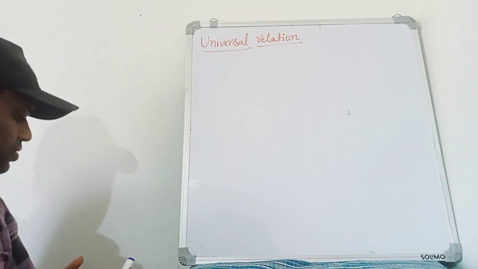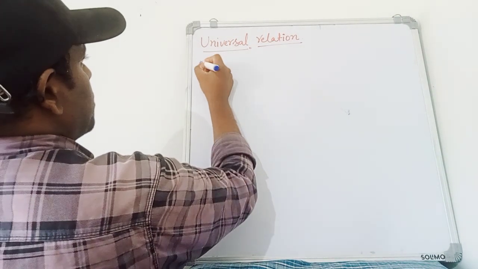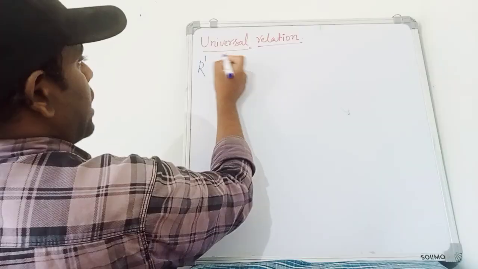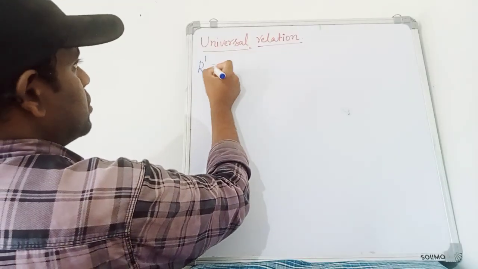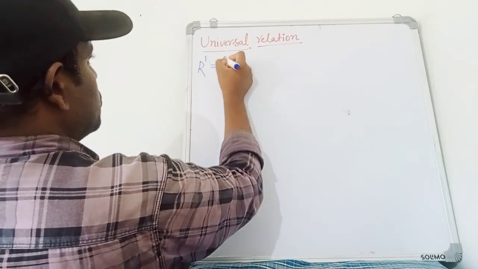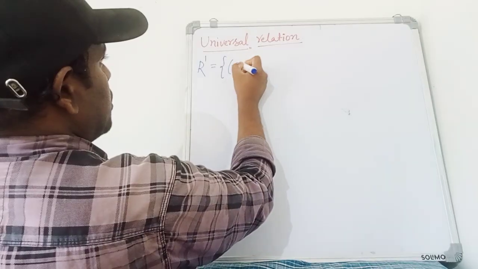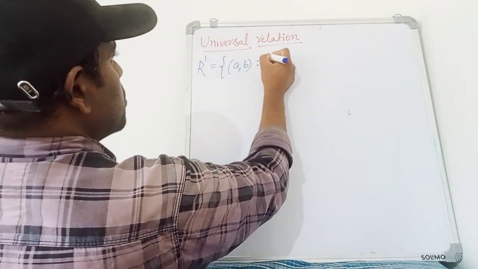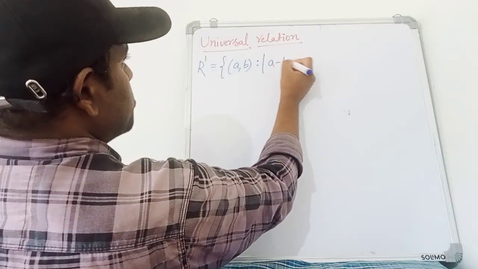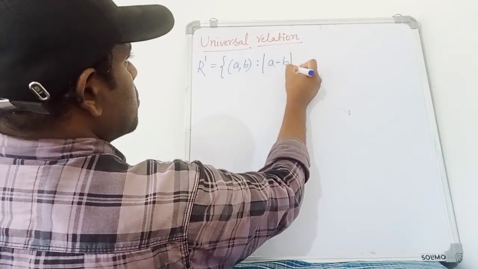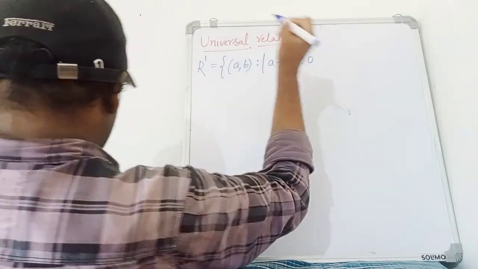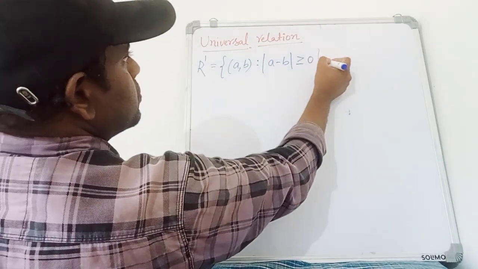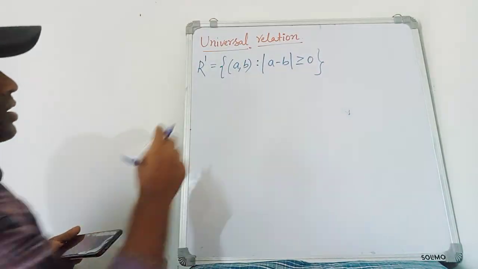First, I will show the mathematical representation. I am taking R dash as universal relation, that is equal to {(a, b) : |a − b| ≥ 0}.